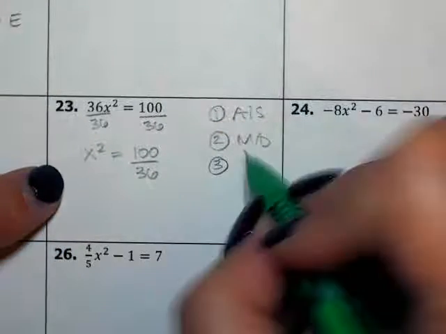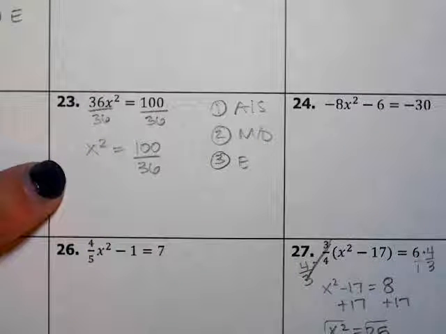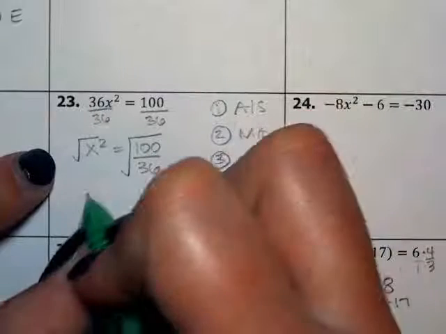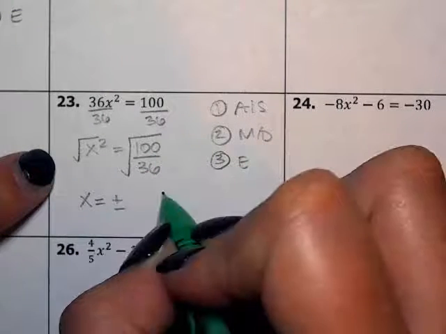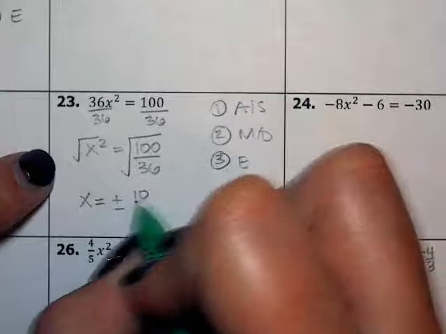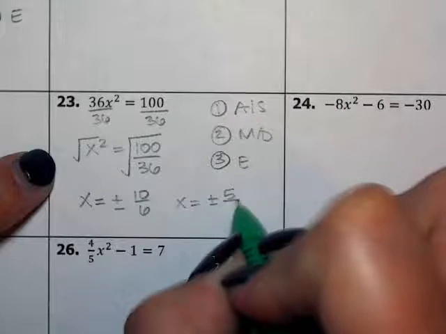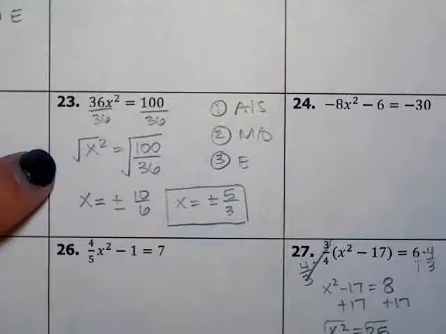So what do we do? Okay. So x equals, yeah, so we got 10 over 6 first, and then you can reduce that, right? And that's where the plus or minus 5/3 comes from. Yes, it just means you're sadistic.